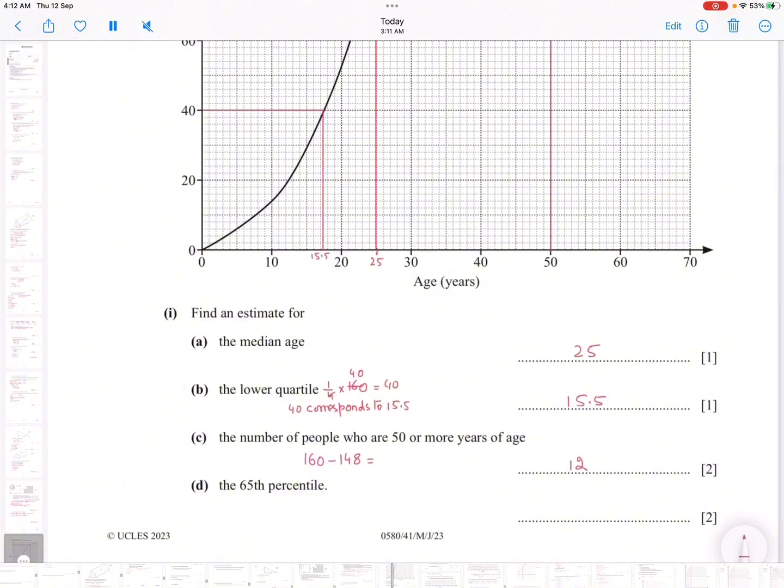So that is 12. The 65th percentile means 65 over 100 times the given cumulative frequency. So use your calculator to find the 65th percentile.